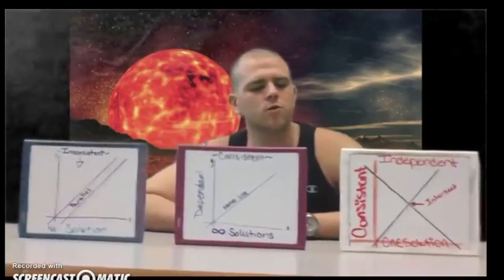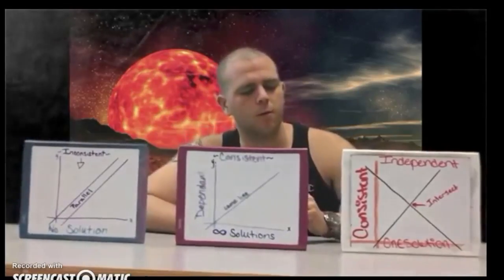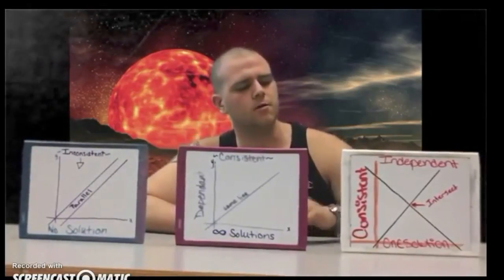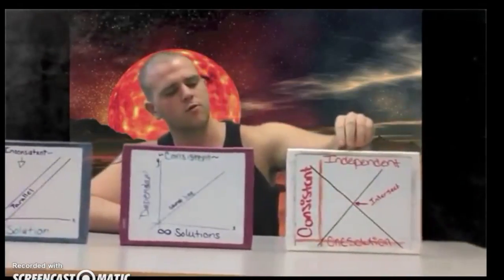How do you solve a system of equations using graphing? A system of linear equations is two or more linear equations, and the solution to such is any ordered pair that makes the equation true. The solution to a system of linear equations is where both lines intersect and meet. So as you can see here, where these lines connect, there's one solution.